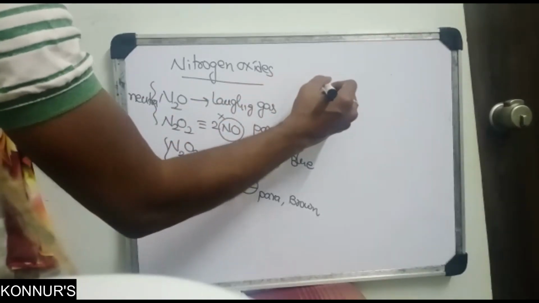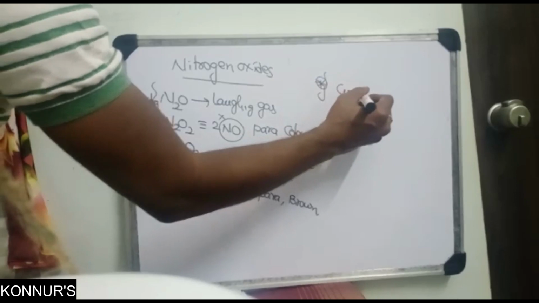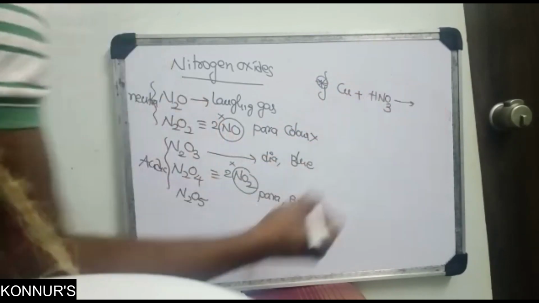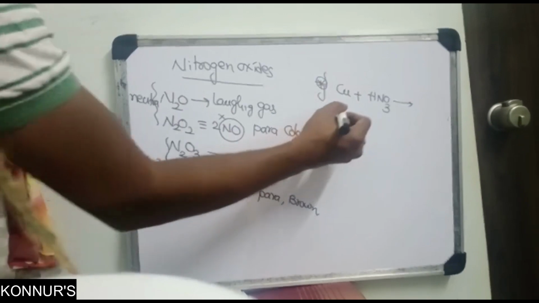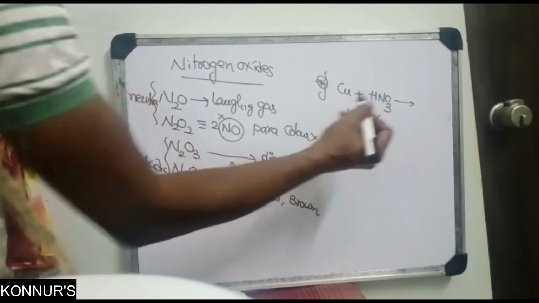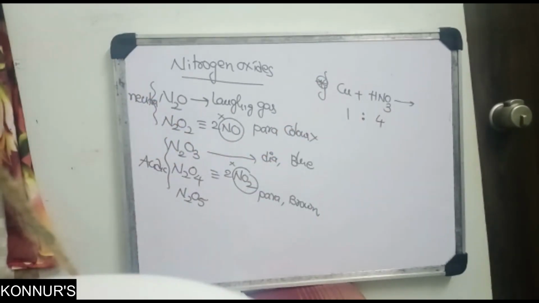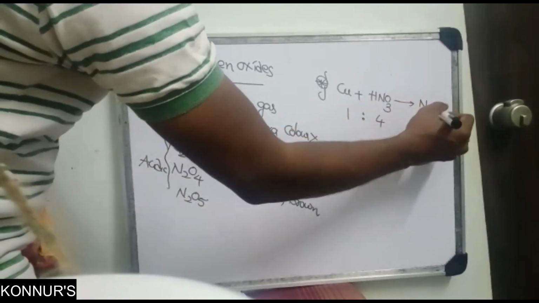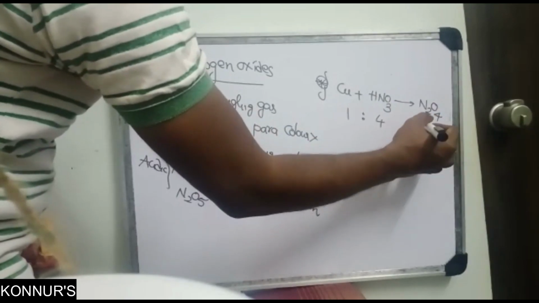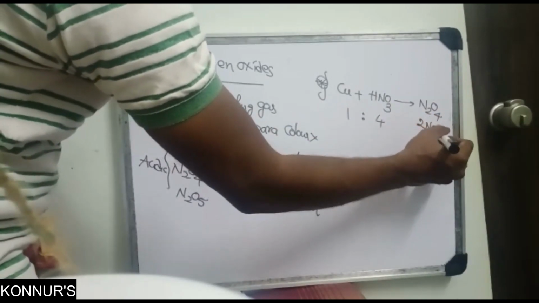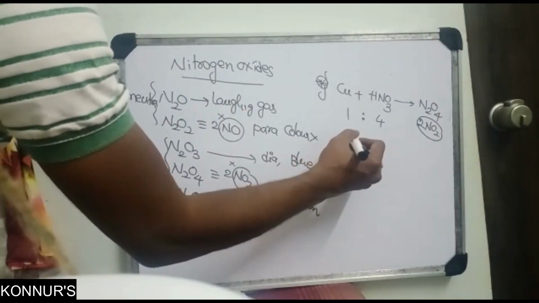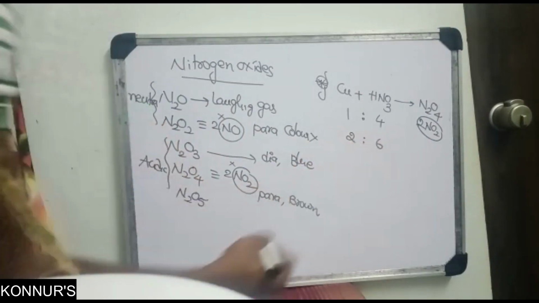Next, one famous preparation is there. Copper plus HNO3. Here, a 1:4 ratio: copper is 1, HNO3 is 4. Your product is N2O4, otherwise 2 moles of NO2. Next, 2:6.